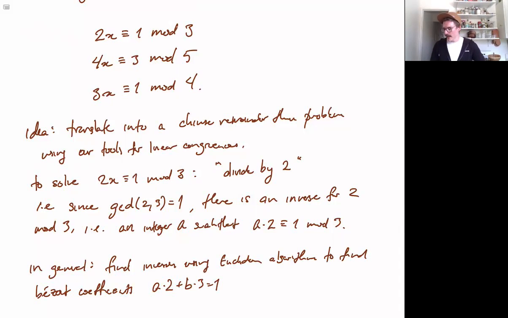And here you can see that a is an inverse for 2, because if you take this equation mod 3, this becomes a 0, and you just get a times 2 congruent to 1. That is what it means to be an inverse.